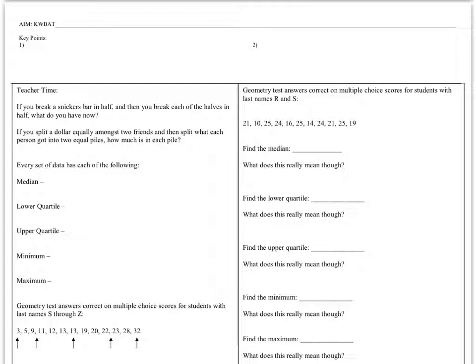The way that I want us to get started thinking about quartiles: if you take a Snickers bar, and you break it into half, and then you break it into half again, what are you left with?